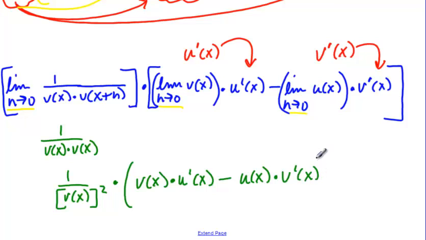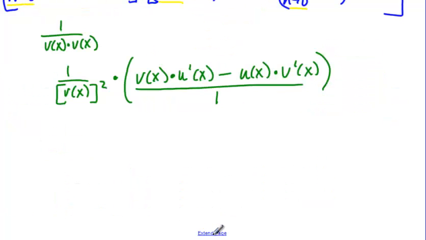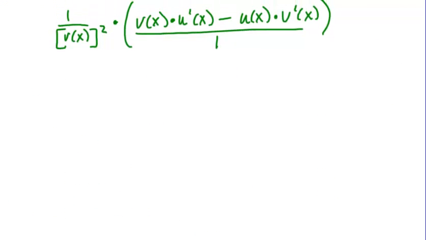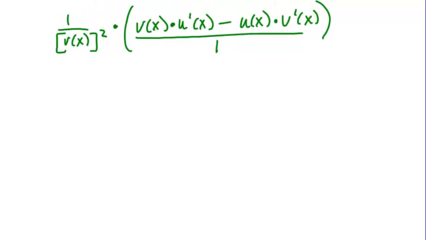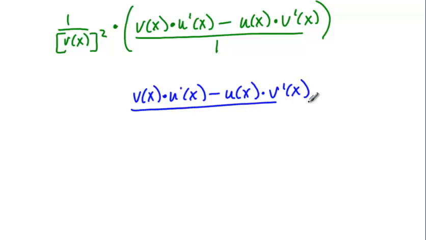And again, if I clean everything up and now distribute my denominators, so my denominator here is officially 1, and multiply these two denominators and these two denominators, what you're going to see happen is everything starts to get cleaned up very nicely. So 1 times this numerator is going to be v of x times u prime of x minus u of x times v prime of x, all over v of x quantity squared.